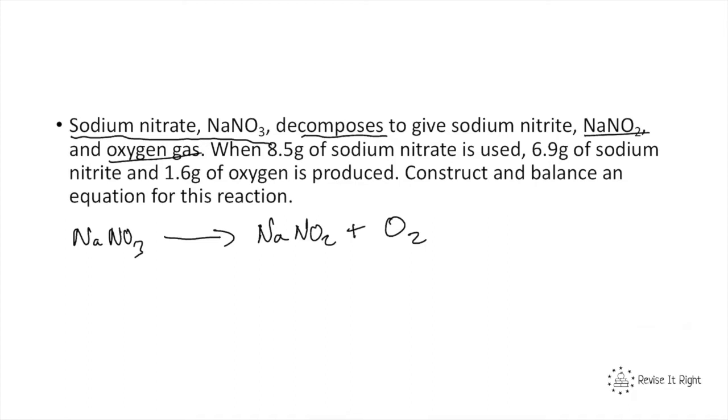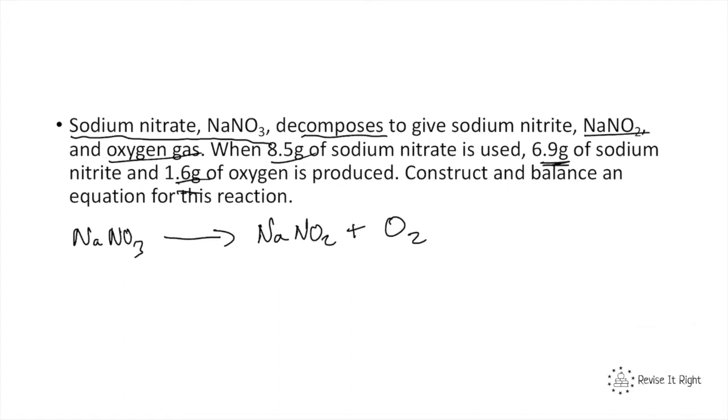Now, you could, of course, just balance it like I've taught you before, but it's not asking you to do that. It's asking you to use the masses to balance the equation, so you have to follow these steps. The first thing we need to do is write the masses of each of them underneath.